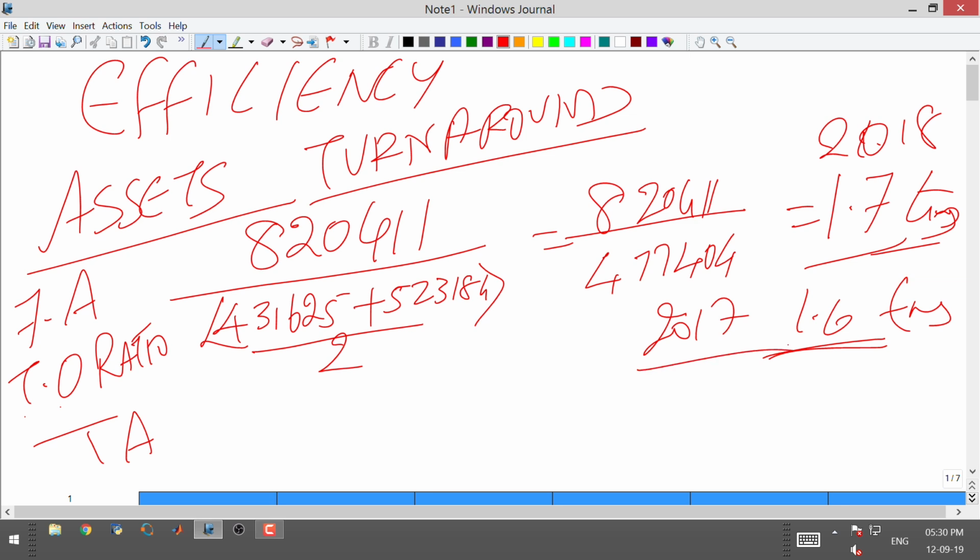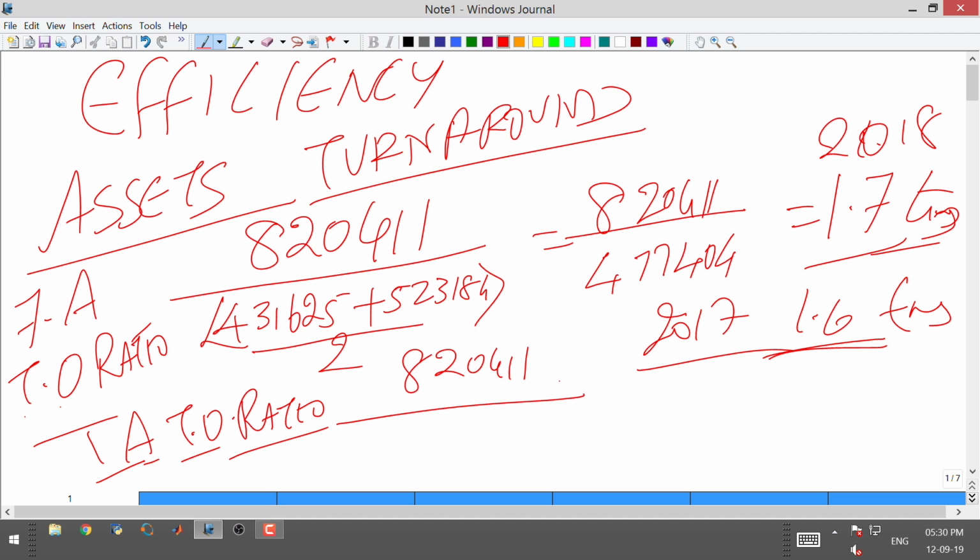Do I need to do it only for fixed assets? No, I can do the total asset turnover ratio also. TA is total assets, TO is turnover, and it is the same thing. I put 820,411 over the average of my total assets. Total assets for the current year is 602,484, and last year is 519,605.